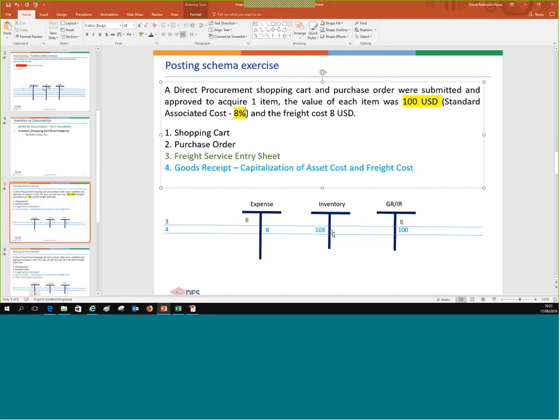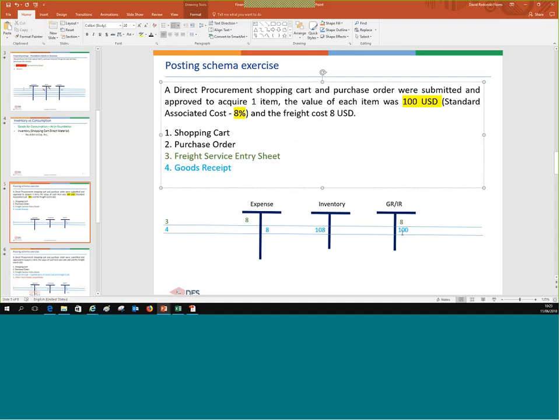So we are, let's say, capitalizing, or adding to the inventory account, the value of the 8%, which is another type of associated cost. Is that clear? Then this 108 goes to the inventory account, so to GLs starting with 17.